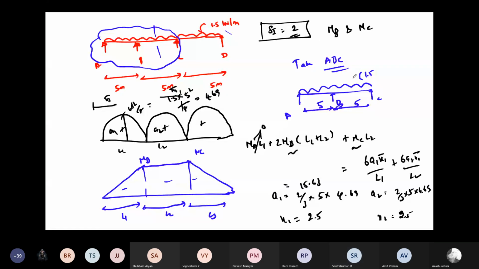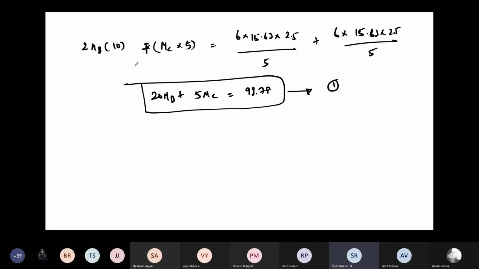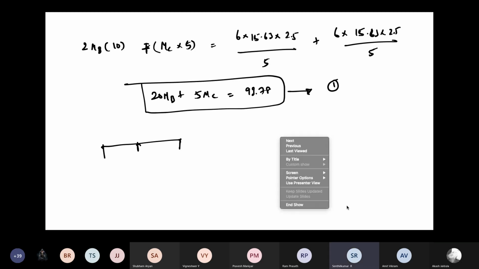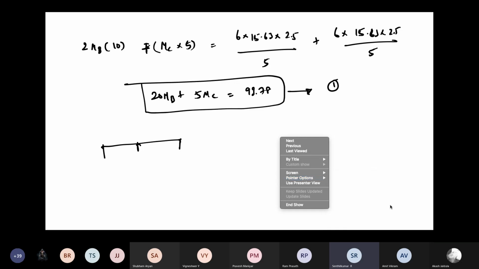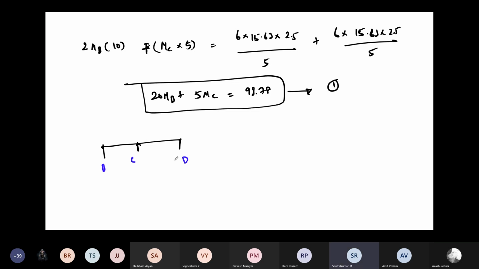So now take another three supports. I'm going to take B, C, and D. Same span, same loading, same drawing only is going to come.